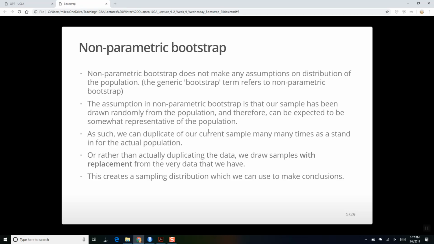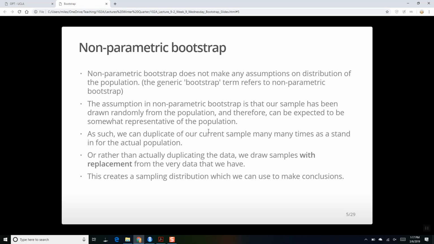And so to create my population, what I do is I take my sample and I just make like 1,000,000 duplicates of it. I clone my sample like 1,000 times or 1,000,000 times or whatever it is. And now I have this big thing that should look kind of like the population. Okay, so you can see the problem. If your sample is not representative of the population, you're going to just magnify that issue.